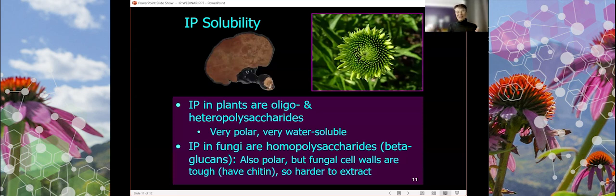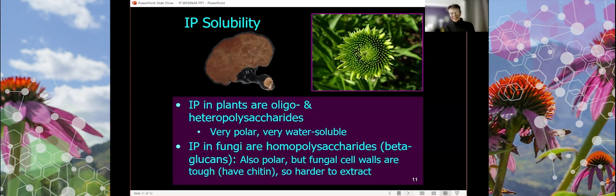So what I like to do for my echinacea, if I'm dealing with an immune system challenge, is I decoct and then I squirt my tincture into the decoction, right? So that I'm getting plenty of IP and plenty of alkamides as well. You can do that with reishi too.